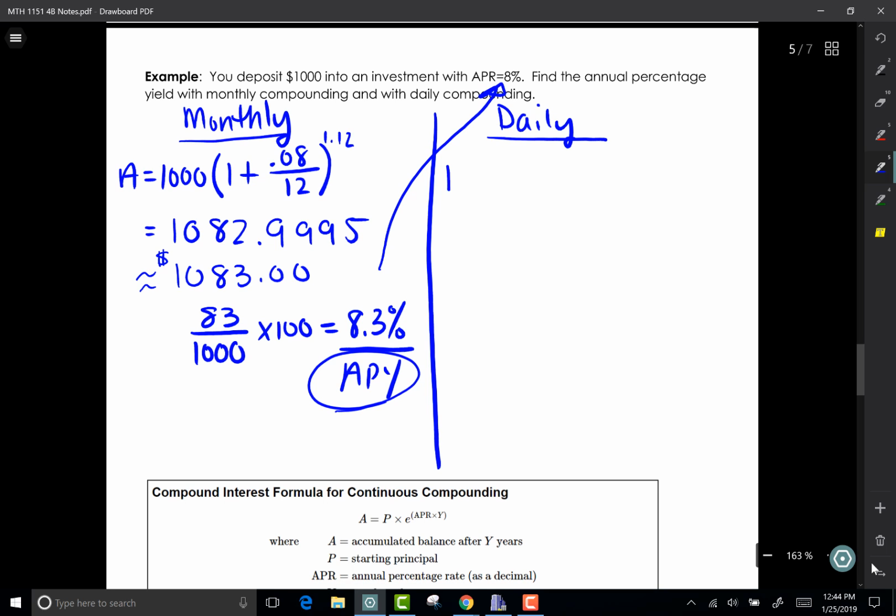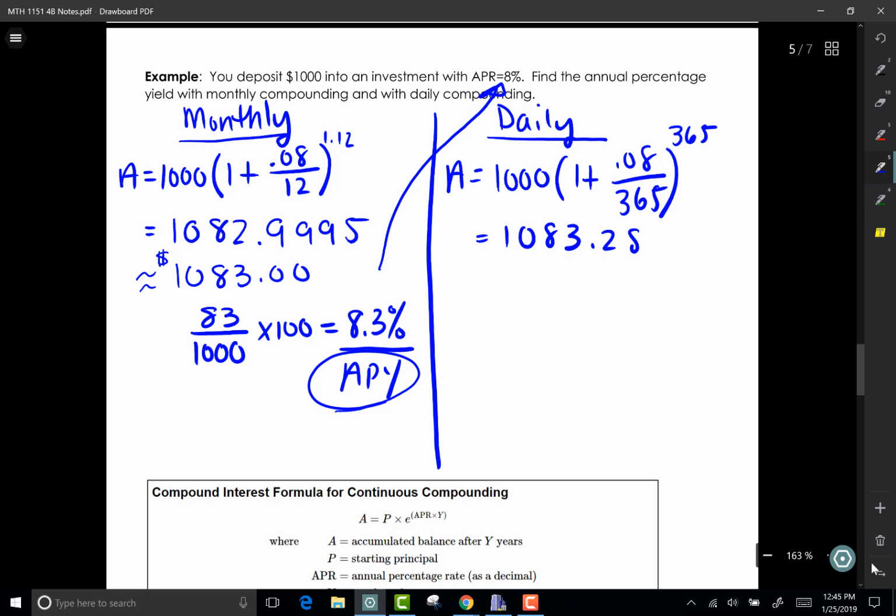For daily, we're going to do the same thing. I'm going to take 1,000, 1 plus 0.08, but since it's daily, little n is going to be 365. So it's going to be compounded 365 times, and then I take 365 times 1 year. When I put that in on the calculator, I'm going to get $1,083.28.